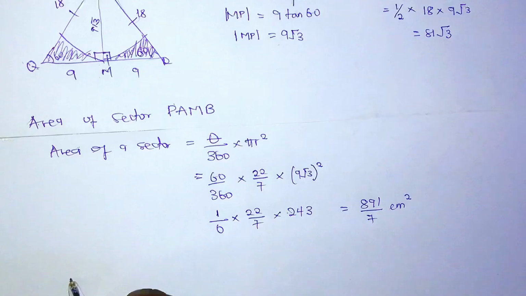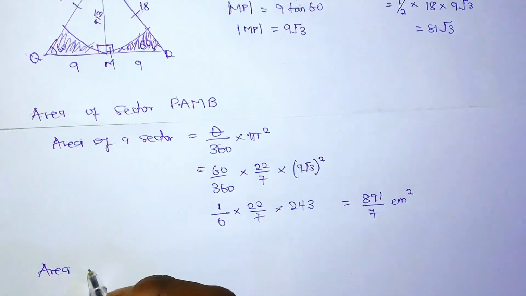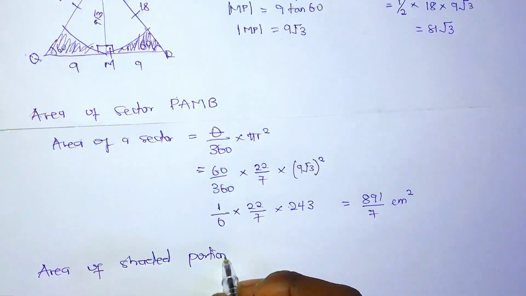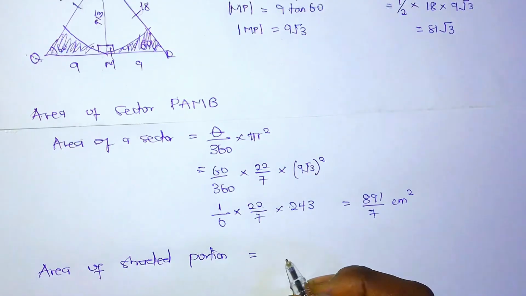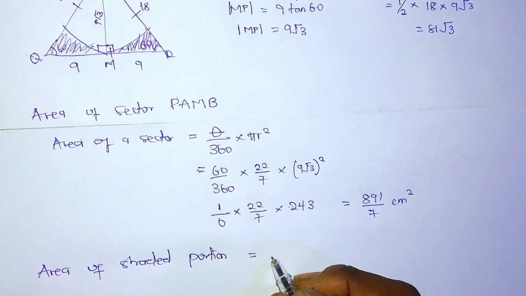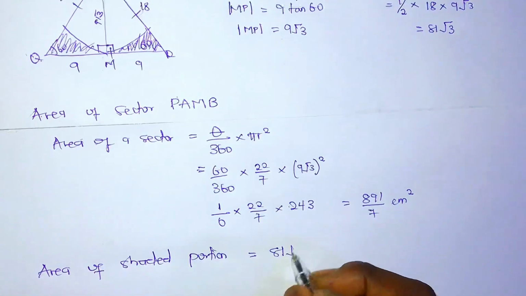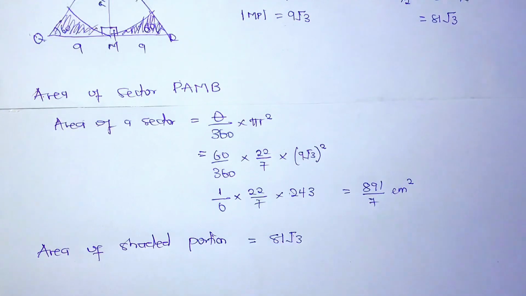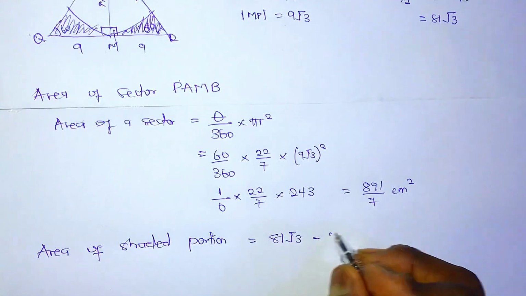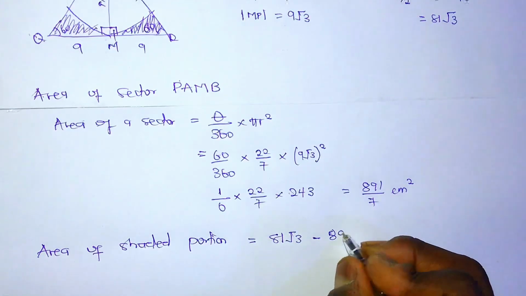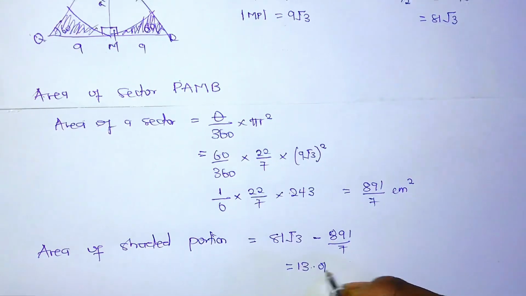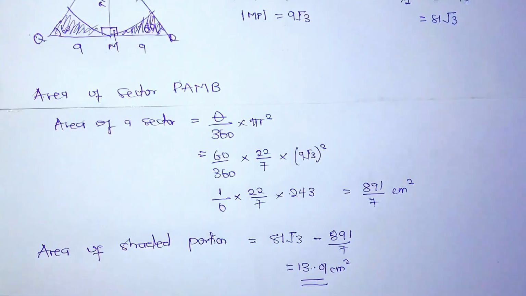So area of shaded portion is equal to 81 root 3, which is the area of the triangle, 81 root 3 minus the area of the sector, 891 over 7, and if you perform this subtraction, you get 13.01 centimeters squared. That's our answer.